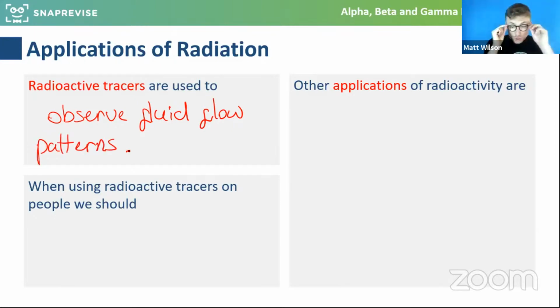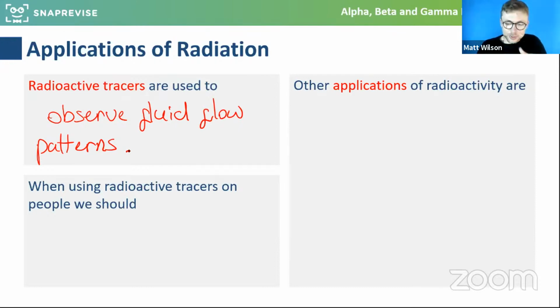Radioactive material, you put it inside some kind of fluid that's going to float, and you're not going to be able to look at the fluid. Maybe it's in a pipe, maybe it's in a human body. It could be water in a pipe, it could be blood going through the human body. Either way, you can't look at it directly. But if you put some radiation in, then you can track how this thing moves kind of behind the screen that you can't see.